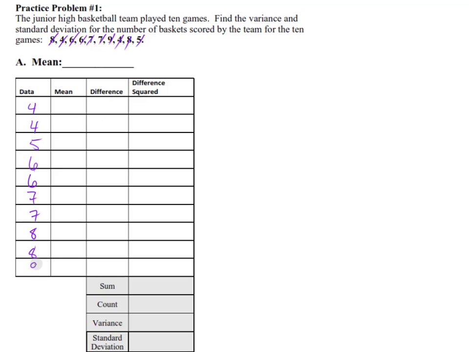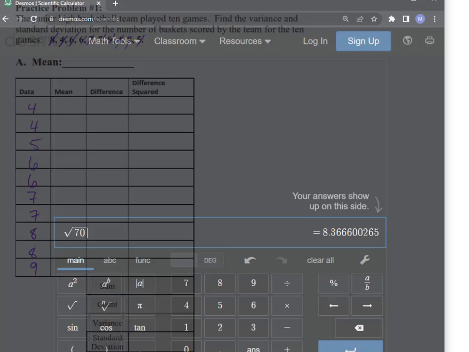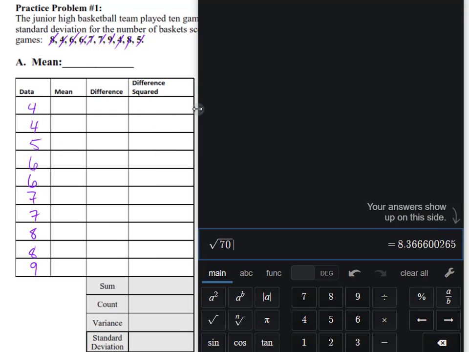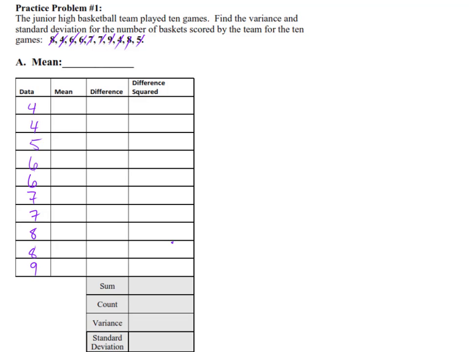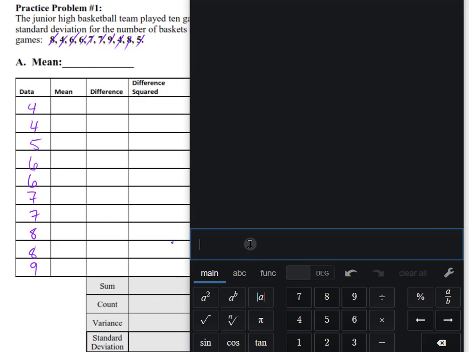And a 9. Okay, so the next thing we need to do is calculate the mean, which is the average. To find the average of all these numbers, we're going to need to add them all up and divide by how many there are. So let's do that quickly.